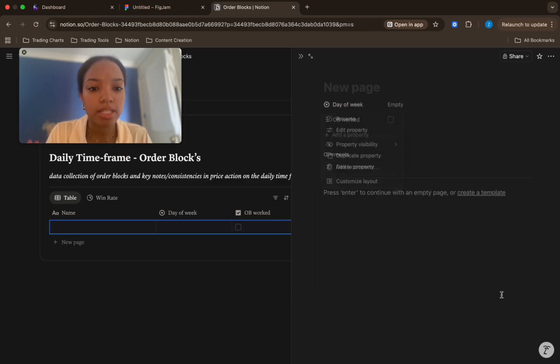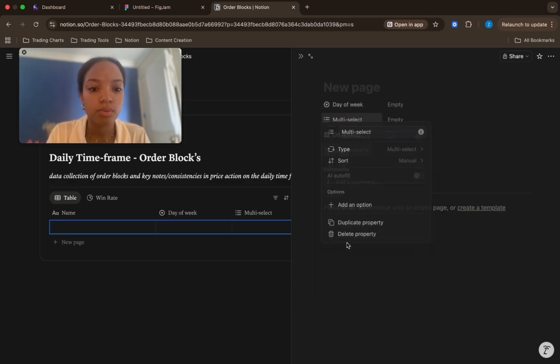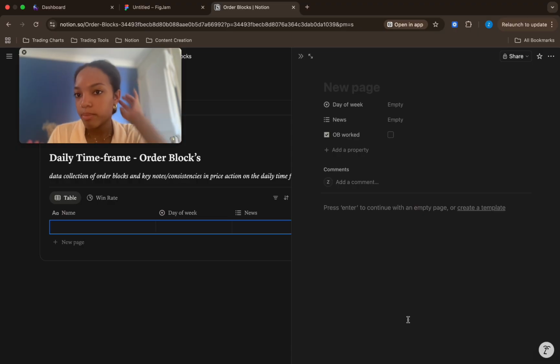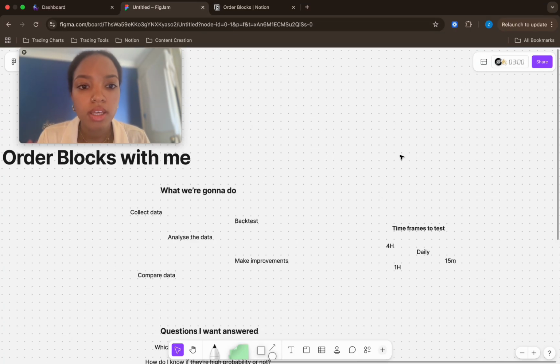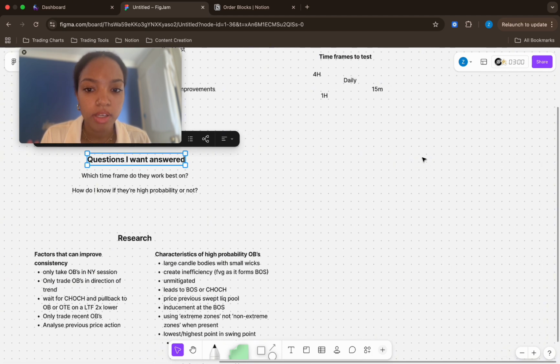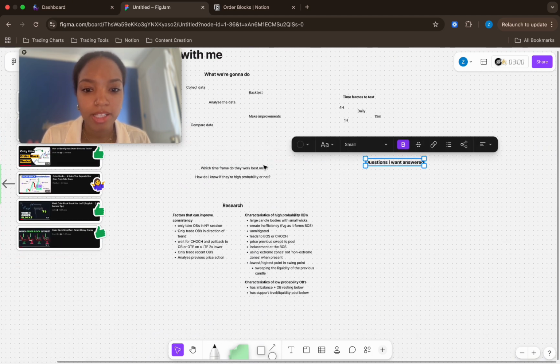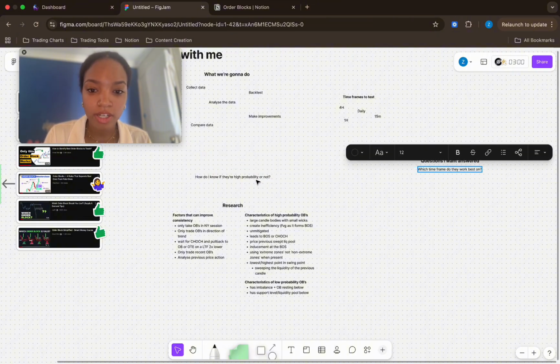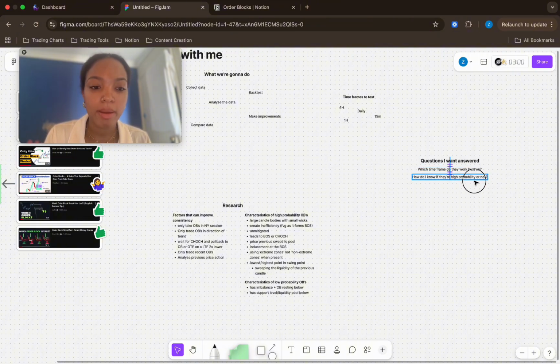And then I'm going to have news, because what we want to understand, I guess we can put it in here as well, is the questions we want answered. I'm going to make this have its own space because we've got lots of questions. You guys might not originally have lots of questions, but let me open your mind to the way my mind works.